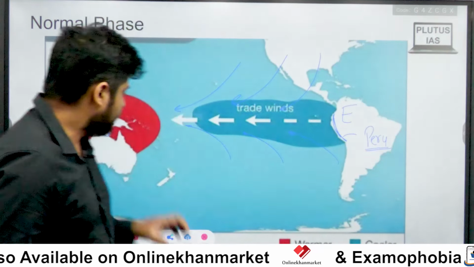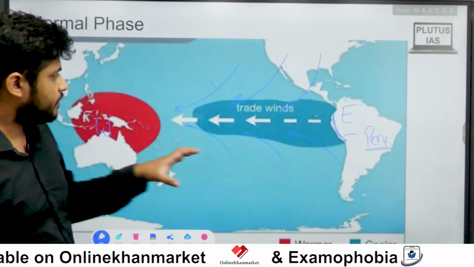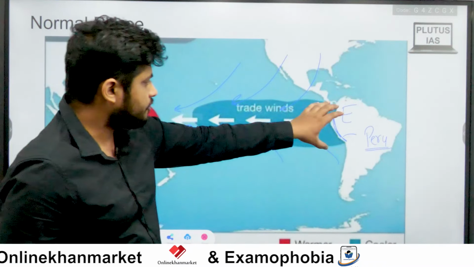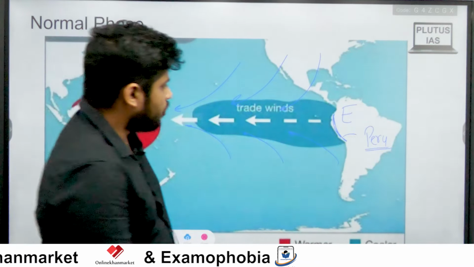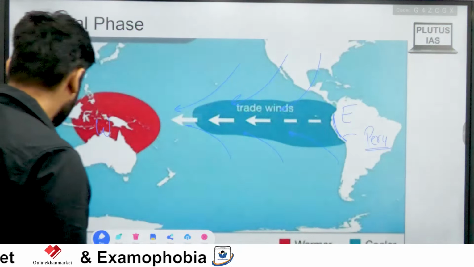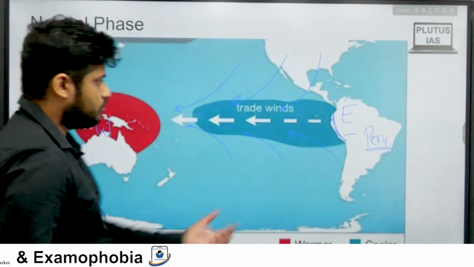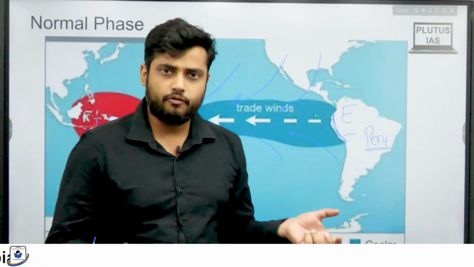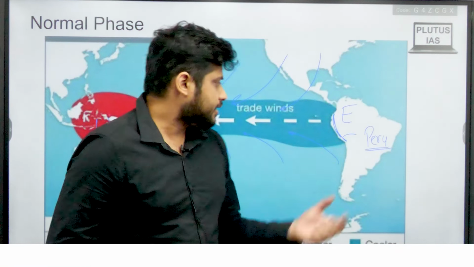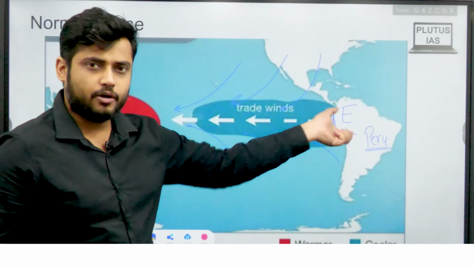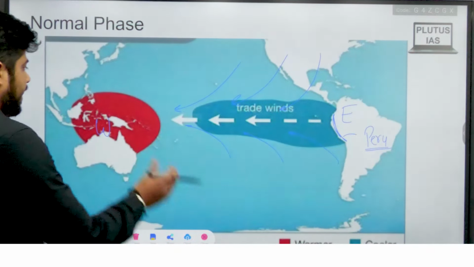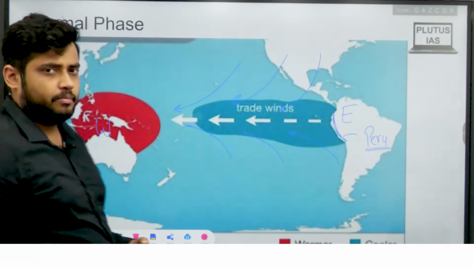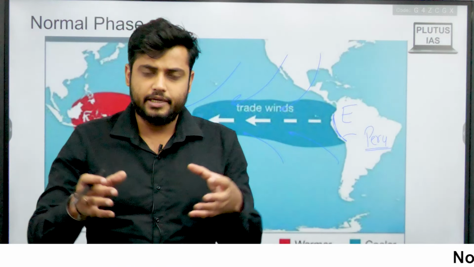We can see that the warm water is piling up here, and on this side, as the water is pushed away, to take the space of this moving water, some cold water will rise from below and there will be upwelling on the Peruvian coast. And as the warm water is piling up here, because of the warmer surface, the air is rising there.